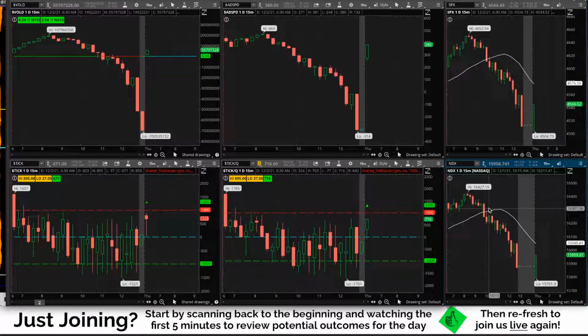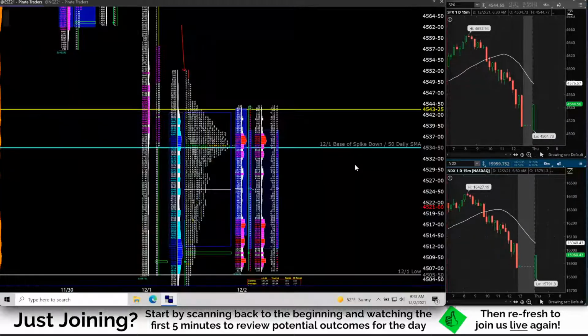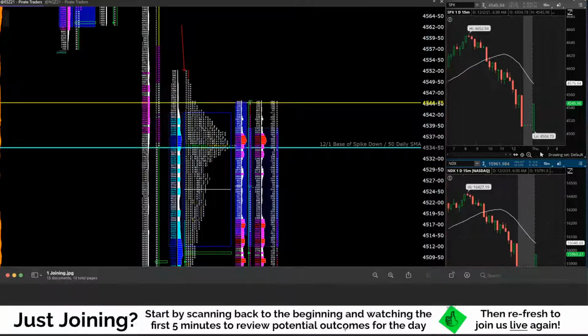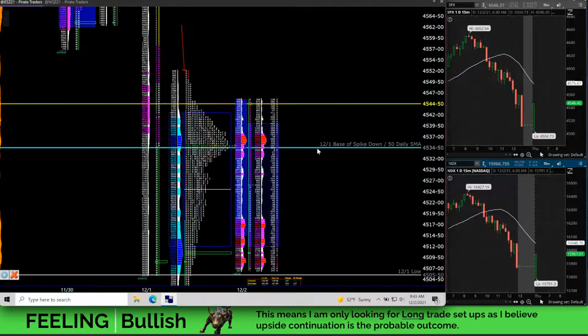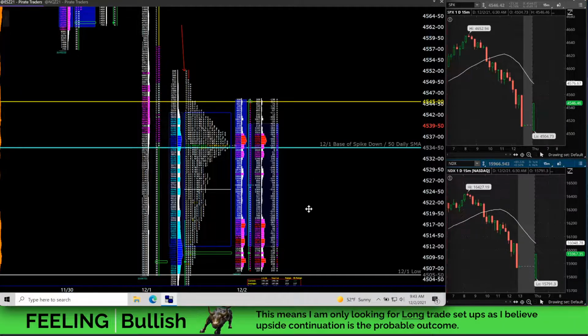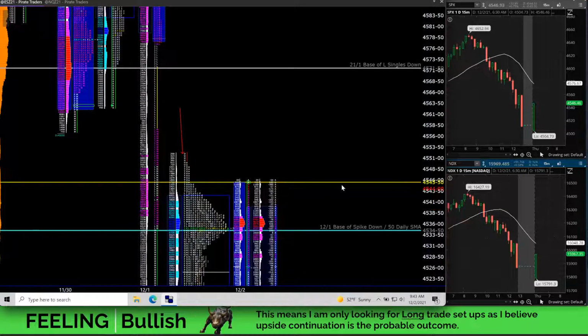All right. Well, it appears the bulls want to buy the dip. So let's see what they got for us. Can they sustain it? Potential resistance to the upside is going to be the base of the L period single prints at 45.71.